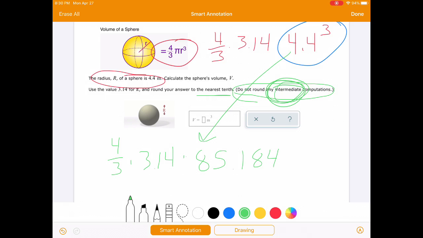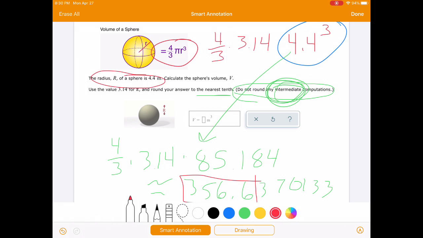So we can take 4/3 times 3.14 times 85.184, and that is going to get us 356.6370133. So that's the final computation. This is where we're going to round it. All right, so it says to the nearest tenth, so we want one decimal, or one digit after the decimal.